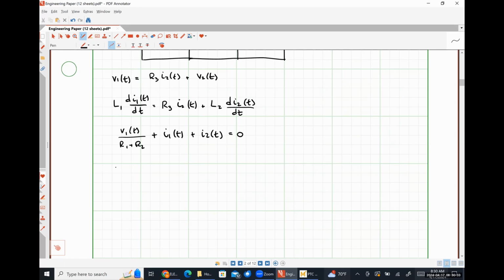So this is going to look like L1 over R1 plus R2 times the derivative of I1 with respect to time, plus I1 will be equal to, let's call it negative I2. Are we okay with that?